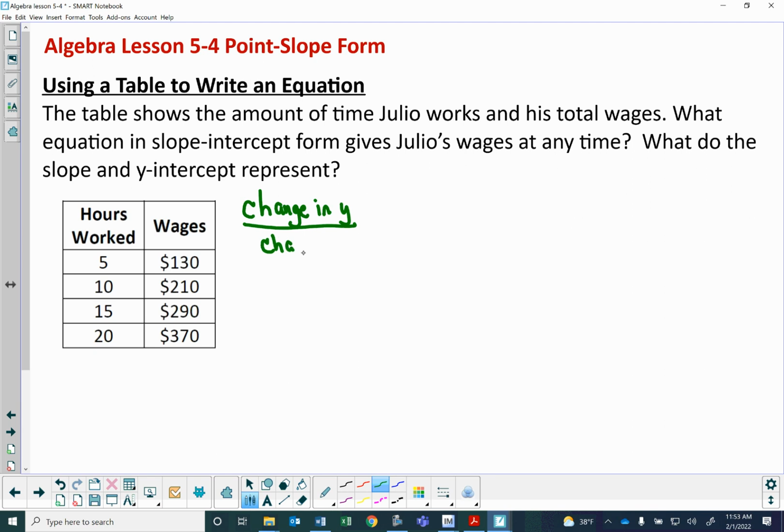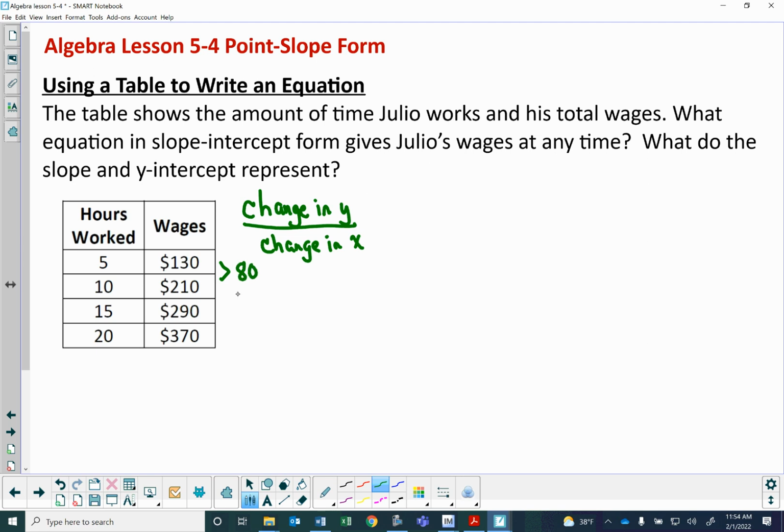So there are many ways you can do this. You can take two different points and do the subtraction that way, or the way I like to do it is I like to say, okay, from 130 to 210, what happened there? Well, from 130 to 200 is 70, from 200 to 210 is 10, so 70 plus 10 is 80.